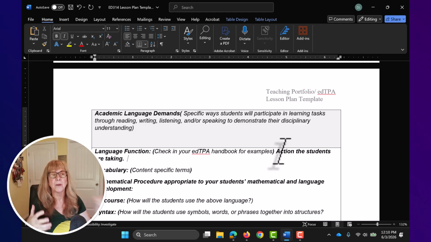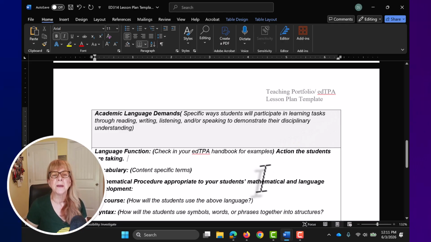So in our former example of adding and subtracting two-digit numbers, adding and subtracting would be kind of like an umbrella term, right? So you don't have to get really specific. You could put what the language function is, what is the action that the students are taking. Reading fluently, that might be another language function. So whatever it is that the students are doing, whatever action they're doing in your lesson, that's the language function.